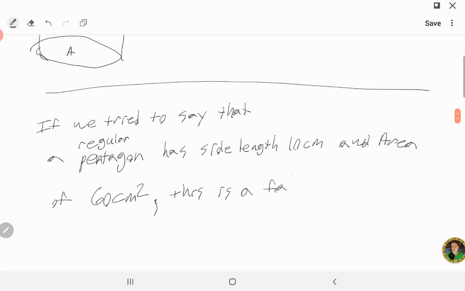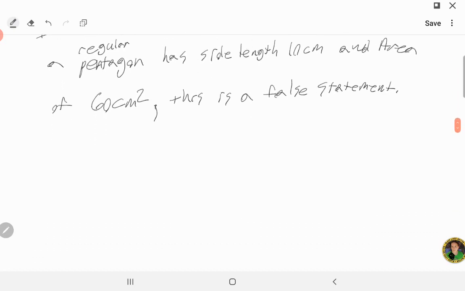This is a false statement. It'd be convenient, but it wouldn't work. Because as soon as we say that's a regular pentagon and that it has side length 10 centimeters, we'd already seen that those angles have to be 36 degrees.